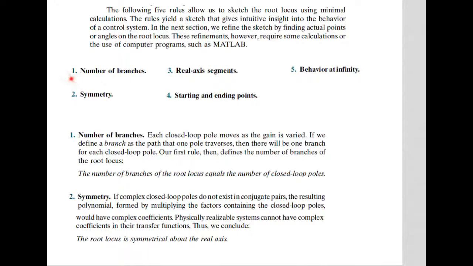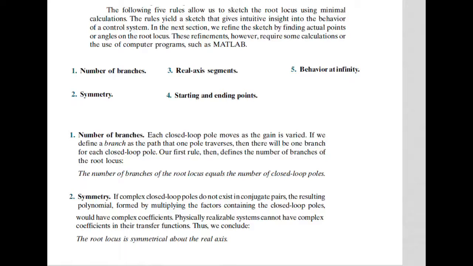The first rule is the number of branches, the second is the symmetry, the third is the real axis segment, the fourth is the starting and ending points, and the fifth is the behavior at infinity. We will discuss these rules one by one, and once we know them, we can obtain the root locus of any transfer function. Now first start with the number of branches.